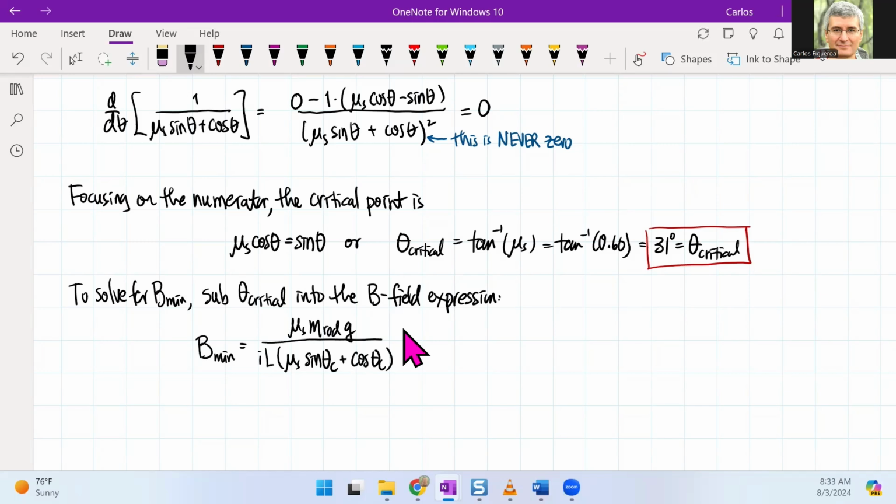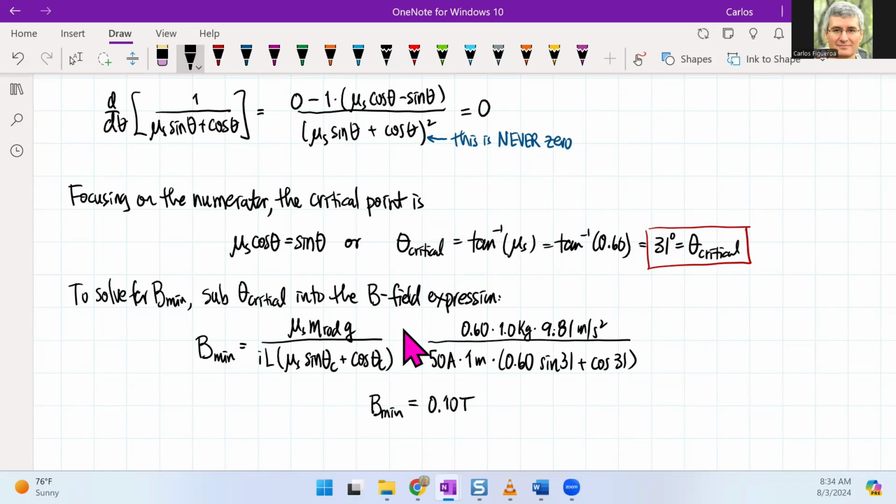So if I plug in my numbers, I'm going to get 50 amps times 1 meter times 0.60 sine of 31, cosine of 31. Then I'll get 0.60 times the rod's mass, which is 1.0 kilograms, times g, which will be 9.81 meters per second squared. And if we compute this, we get a value of 0.10 Tesla for the minimum magnetic field.